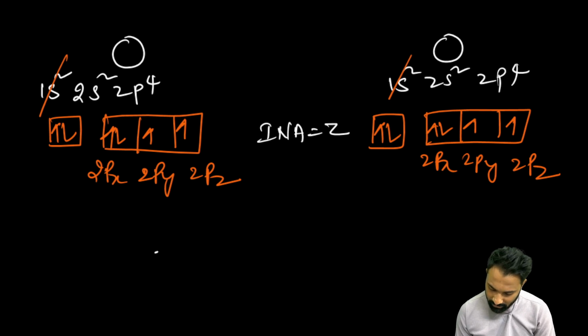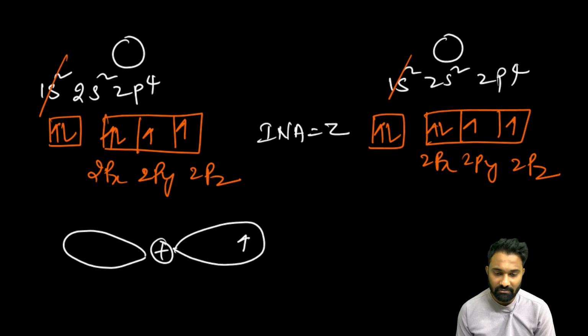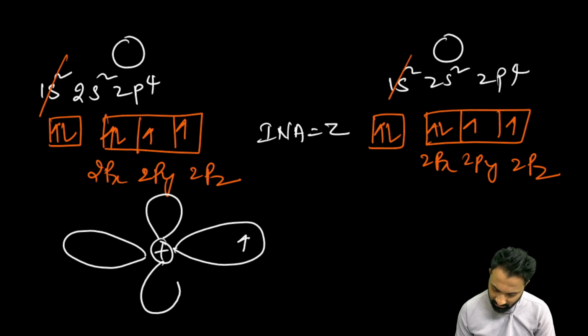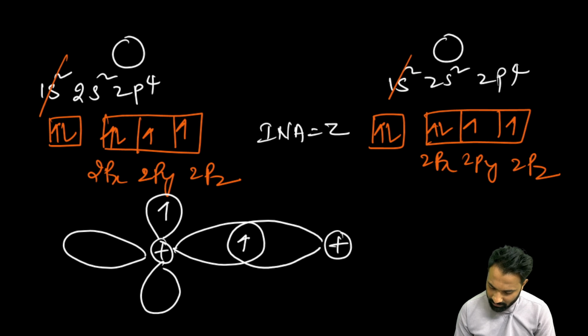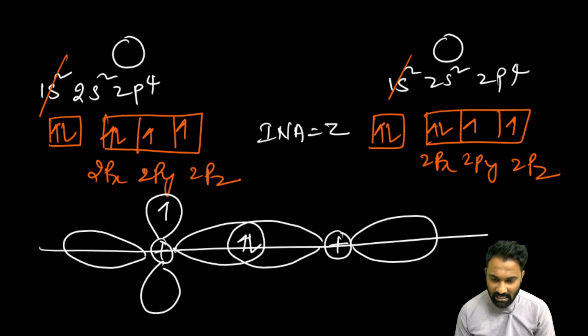Clear? In one oxygen's pz orbital we have 1 electron. Next, in the py orbital we also have 1 electron. In the other oxygen also, the pz orbital has 1 electron, and they will overlap along this internuclear axis. Along the internuclear axis, pz orbital overlap gives which bond? Sigma bond, and one bond contains 2 electrons, right?